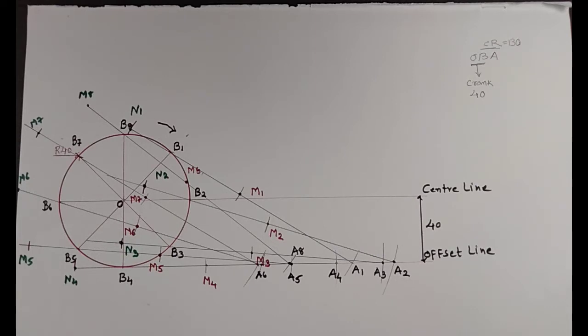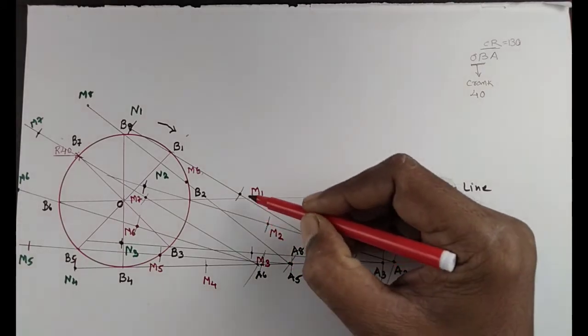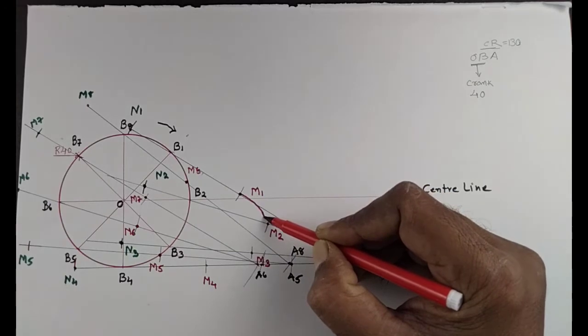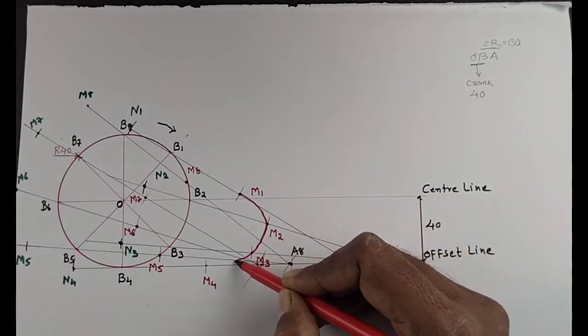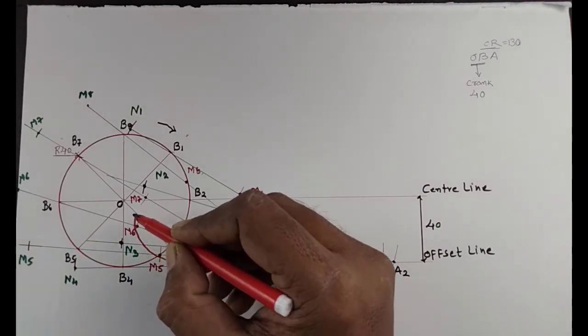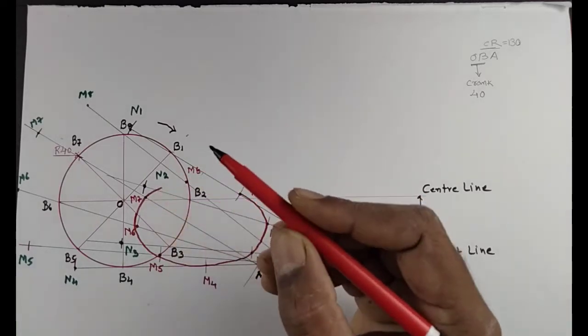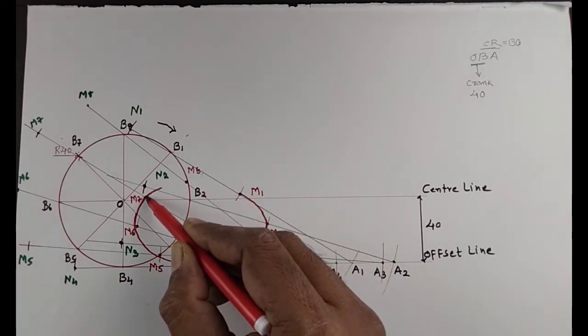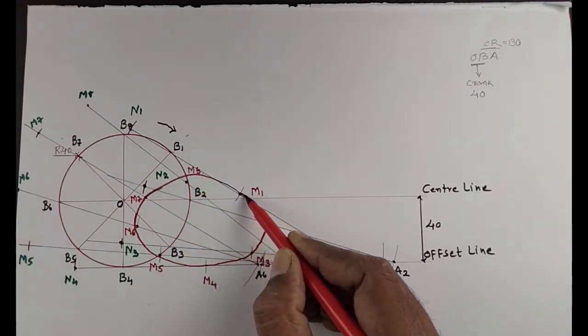Now what we do? The question is to draw the locus of the two points M and N. So first we create the locus of the M points. I join all the M points with a smooth curve: M1, M2, M3, M4, M5, M6, M7, M8 and back to M1.